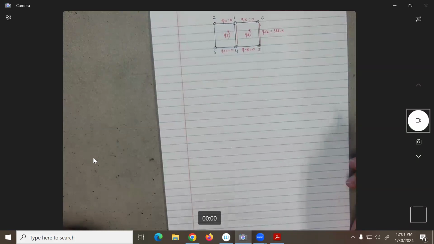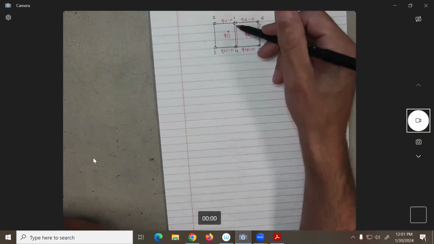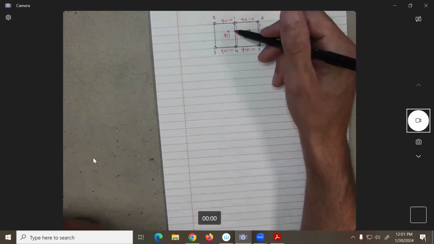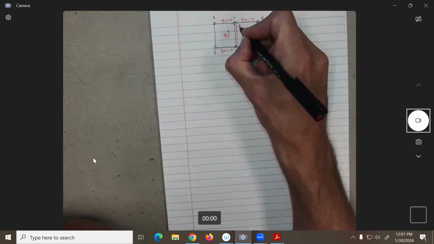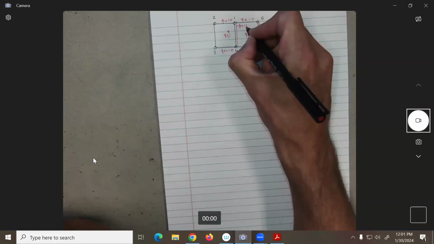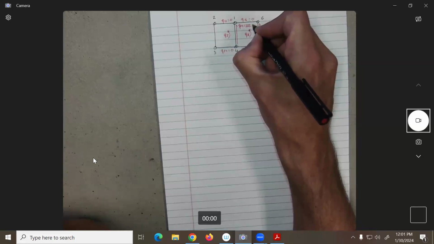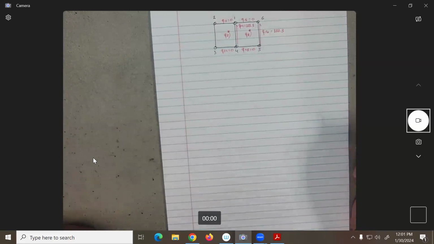Is that okay? For me, it's easier. So Q14, if it's negative, what does that mean? Instead of going from 1 to 4, it's going from 4 to 1. So I would like to write here Q14 and then put here just the magnitude. The magnitude should be 333.3, not negative 333.3, correct? I like to plot the stuff on the figures because I always get the equation from the figures.